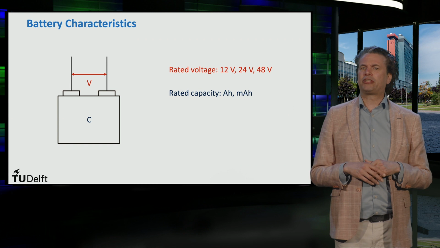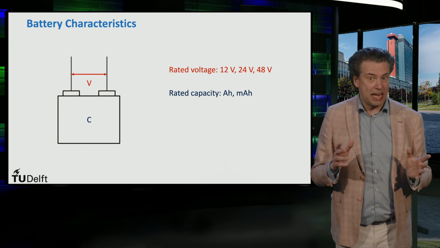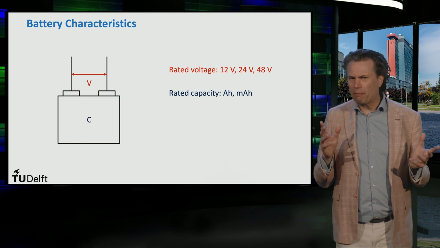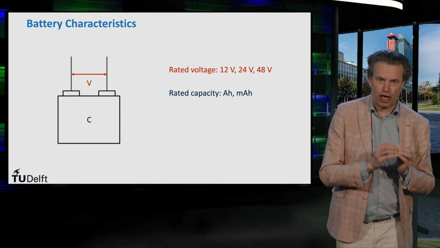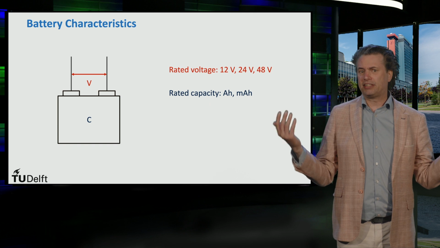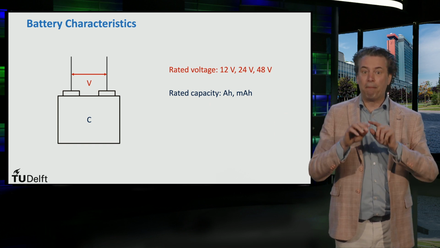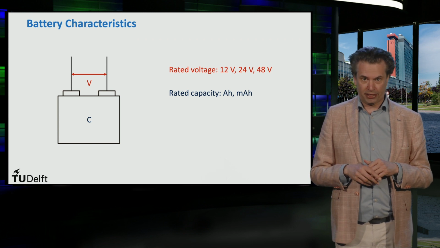The next parameter is the battery capacity, expressed in amp hours or milliamp hours. When talking about battery capacity, the term refers to the amount of charge that the battery can deliver at the rated voltage. The capacity is directly proportional to the amount of electrode and electrolyte material in the battery.